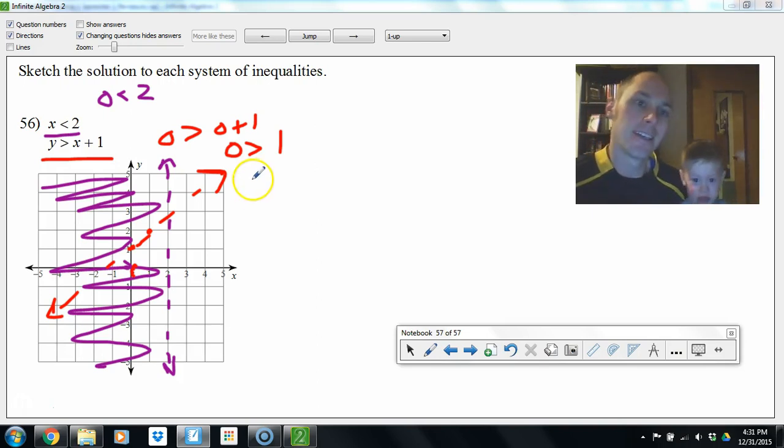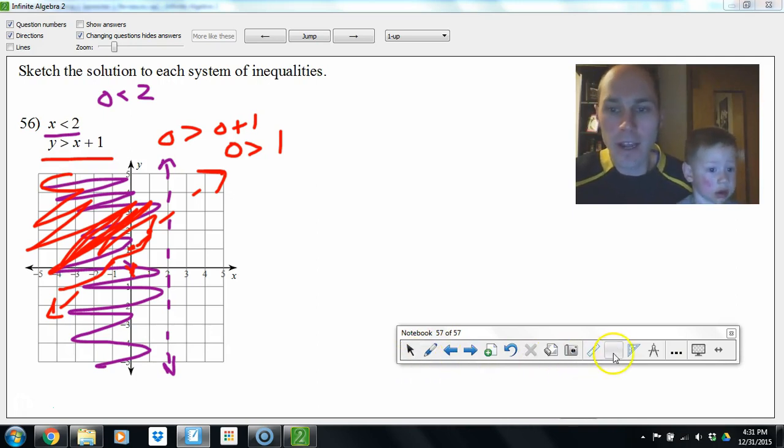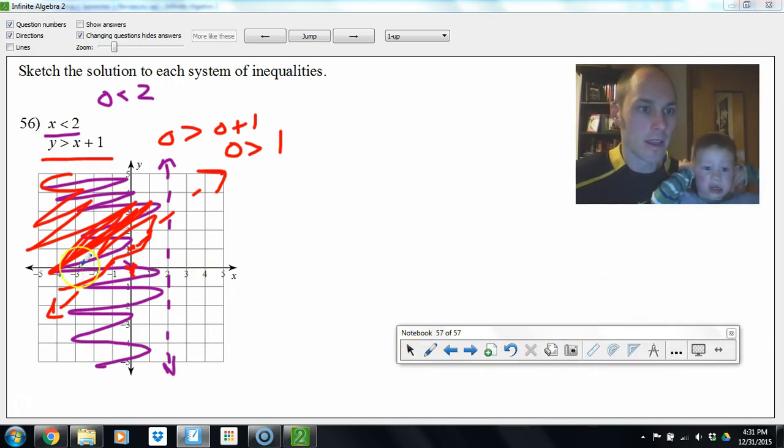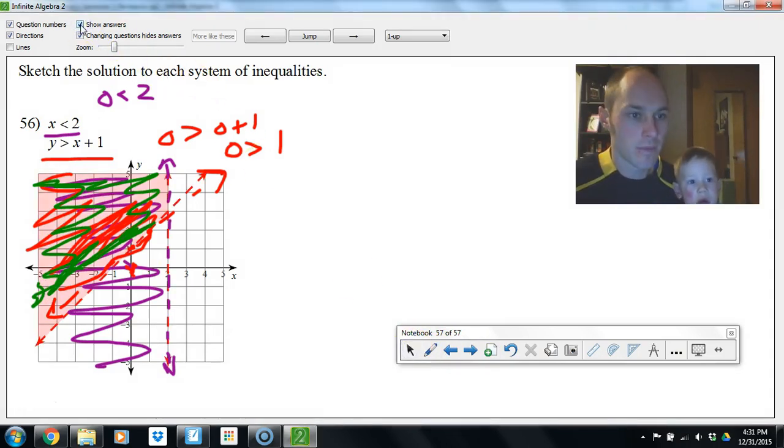No, it's not, so it's not a solution. So the opposite side will get shaded. And so then we find our solutions where those overlap. And yep, they overlap right here in this region up here.